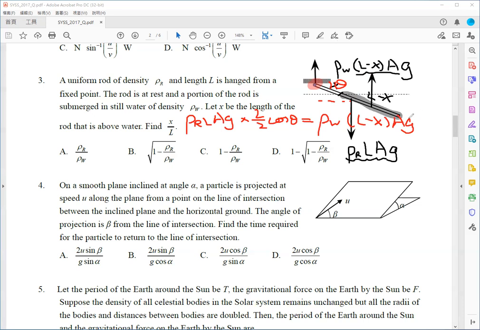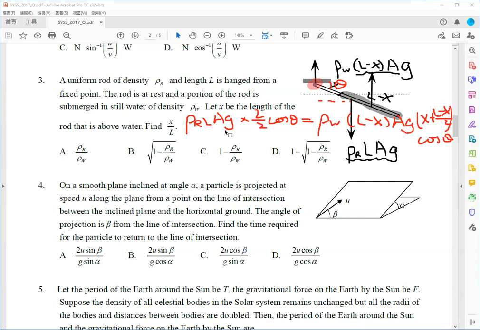The length will be x plus (L minus x) over 2 times cosine theta. Then after you simplify it, I think you are able to find the answer.